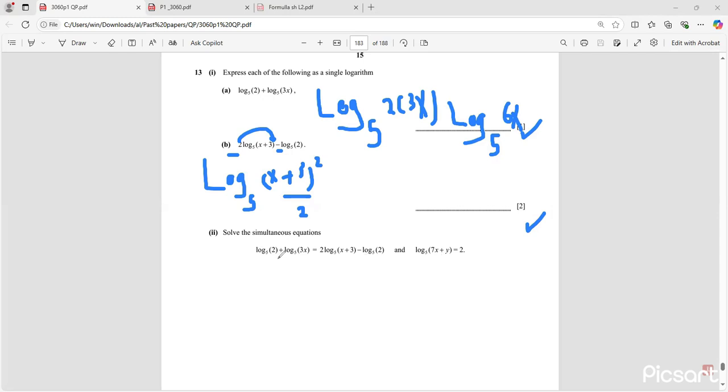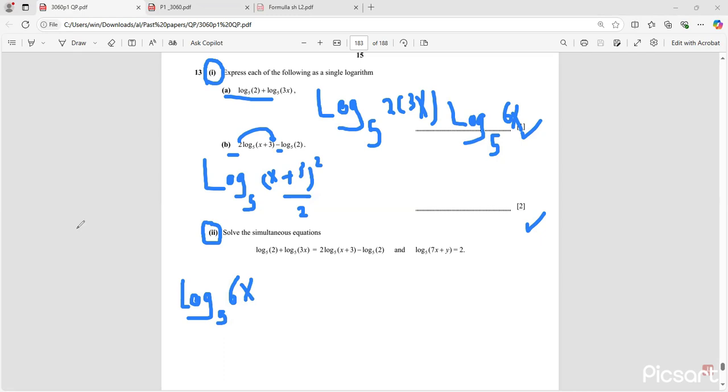So log base 5 of 2 plus log base 5 of 3x, which is this one, as a single log. I told you before that you have to be fully focused. So here you are going to put the single log, which is log base 5 of 6x.